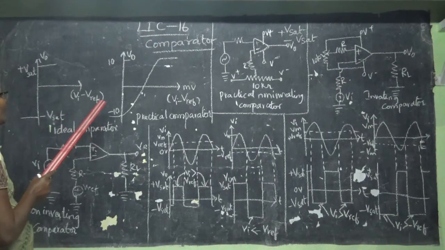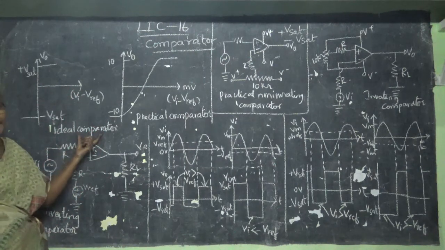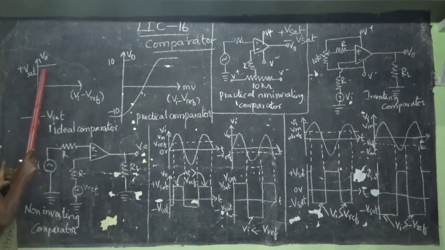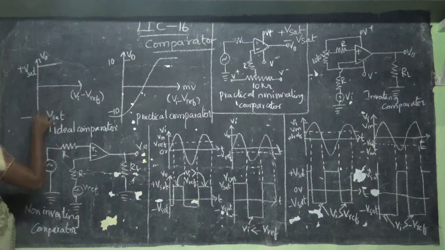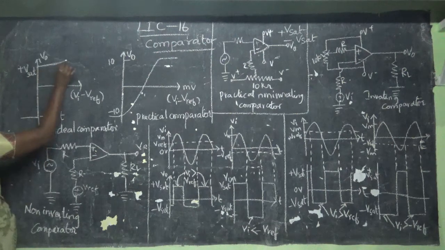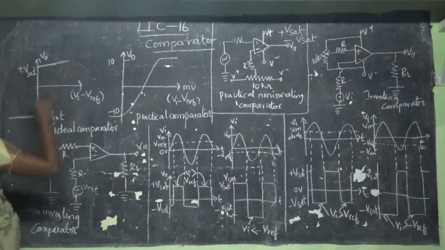Now what is the characteristic of an ideal comparator? Its characteristic will be like this. That means either it will be plus Vsat or minus Vsat. This is the characteristic.